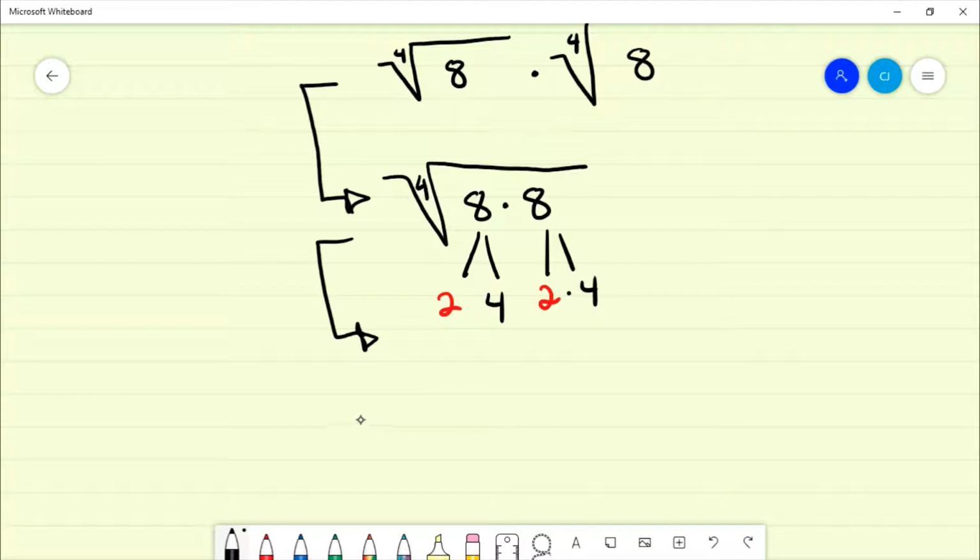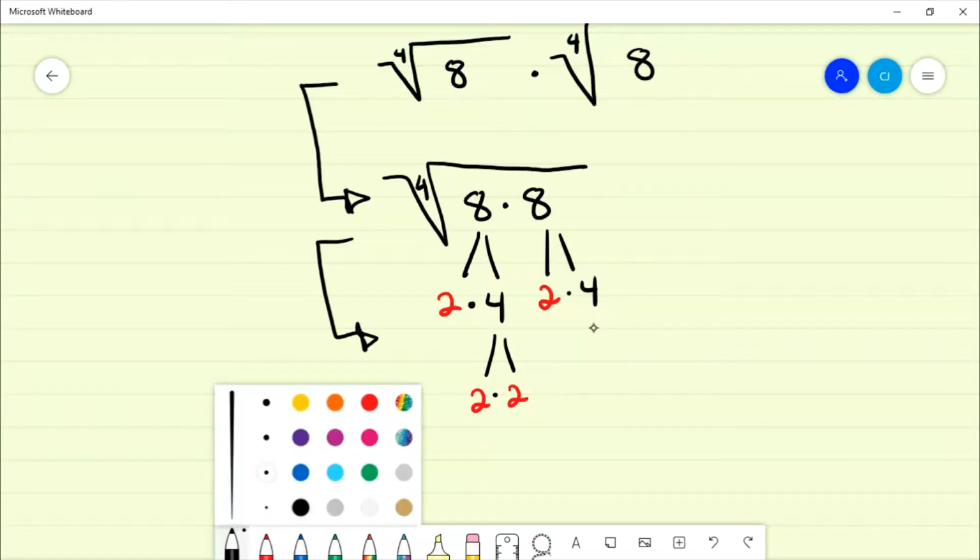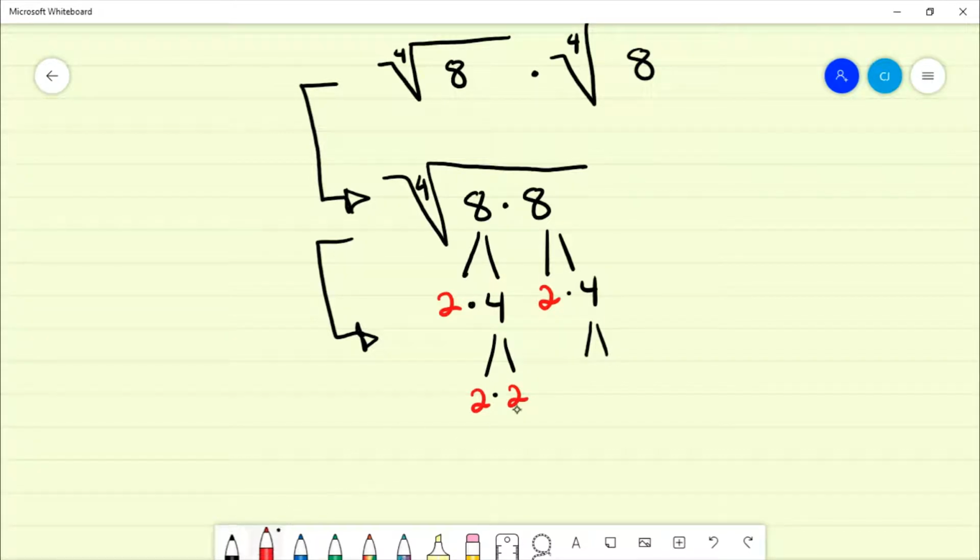And if I have 2 times 4 and then 2 times 4, that would give me 2 to the second and then 4 to the second, which is not a power I want. I want to see if I can somehow get a number that I can take to the fourth power. But if you look closely, we can actually rewrite this 4 as 2 times 2, and we can also take this other 4 as 2 times 2 as well.